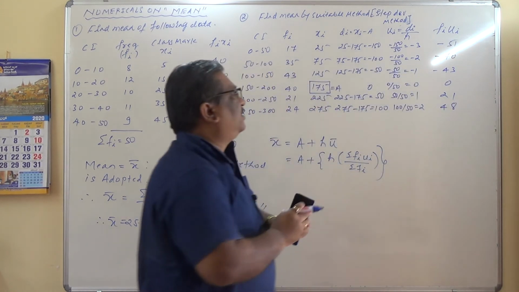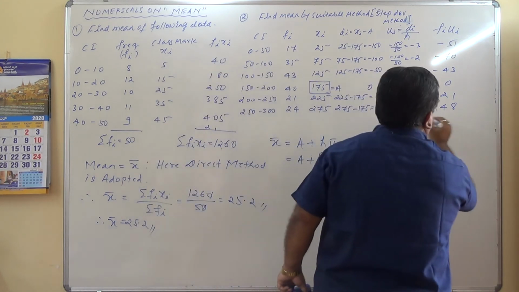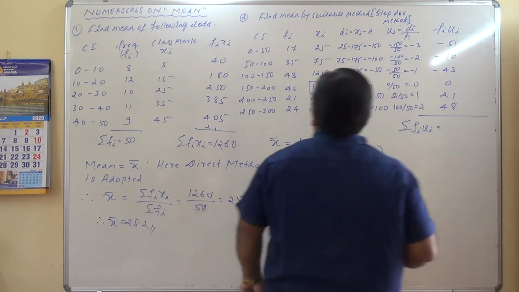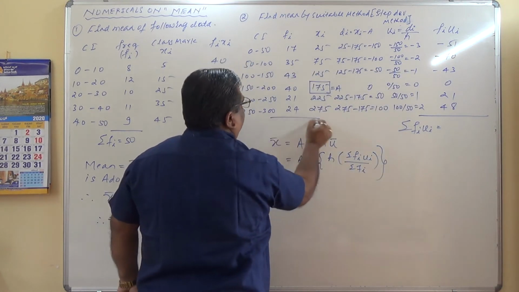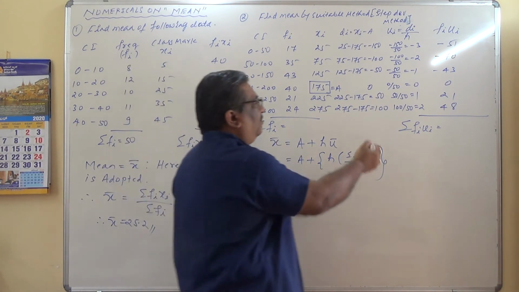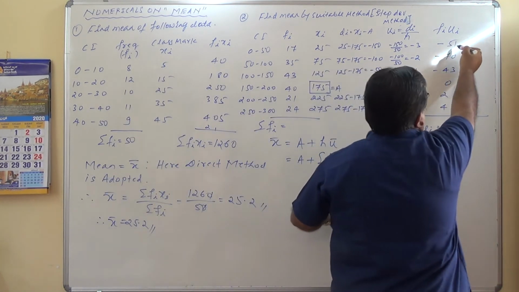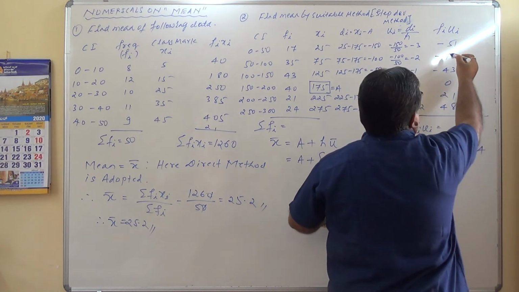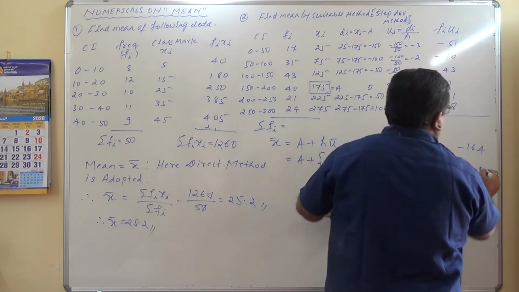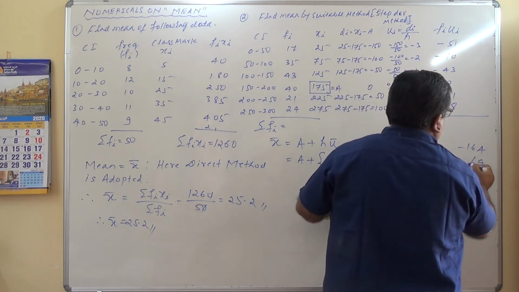So which are the summations that we require? Here I want sigma fi ui, and also finally I require sigma fi. These are the two values. Sigma fi ui will work out: minus 51, minus 70, minus 43 gives minus 164, and 21 plus 48 gives 69.